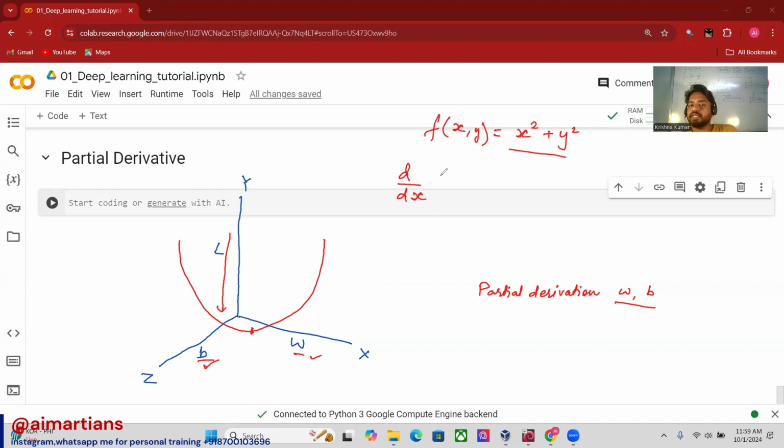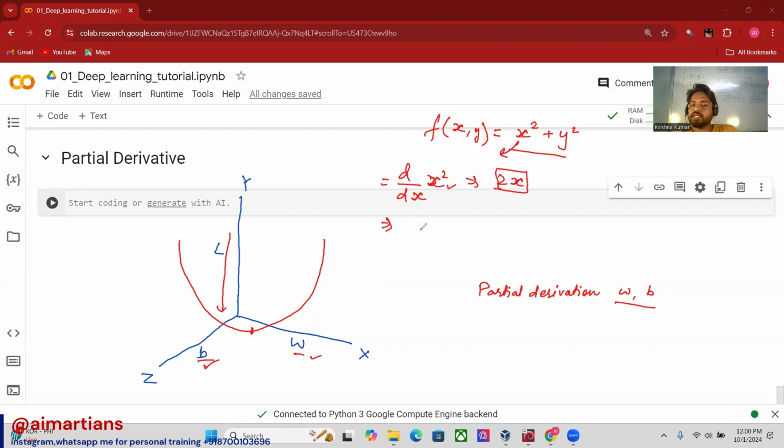I will keep x square here, and when I calculate the derivative of this, I get 2 in front and x. This is the derivative of x square in this expression.